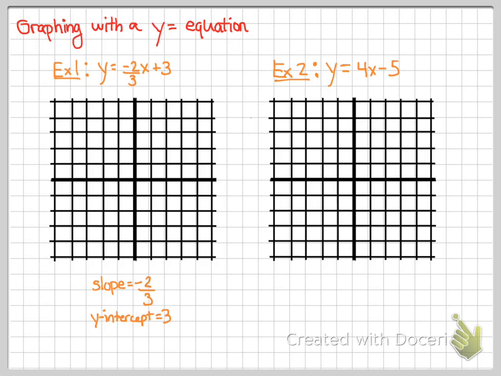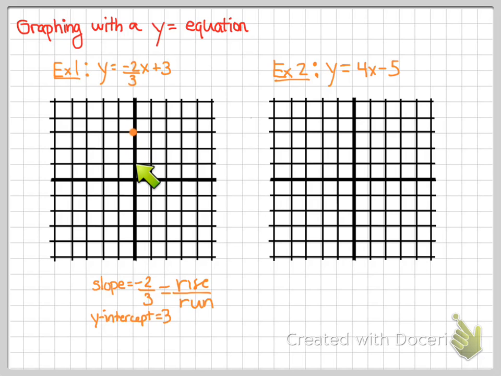I start with my y-intercept, and that's up 3 from the origin, and then I will travel based on my slope. So starting at this point, I have to write rise over run so that I know how to move, but we'll travel from that point. So again, if my rise is a negative number, in this case -2, I'll move down 2. 1, 2.